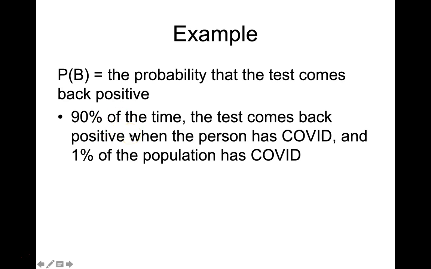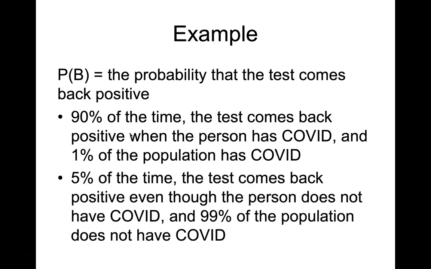90% of the time, as I told you, the test comes back positive when the person has COVID-19. And 1% of the population at any given time does have COVID-19. 5% of the time, the test comes back positive even though the person does not have COVID-19. And 99% of the population at any given time does not have COVID-19.